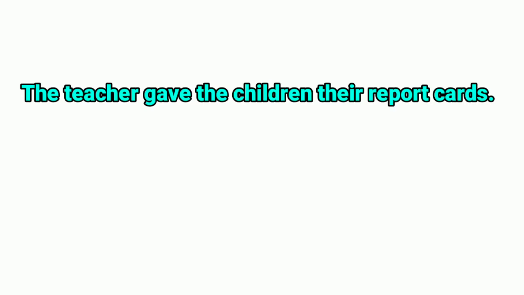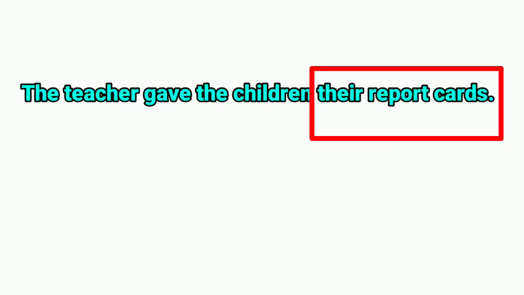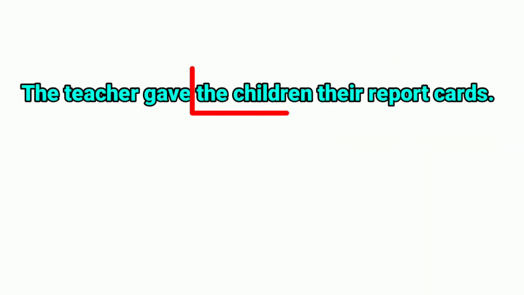Here the subject is the teacher and the action done is gave. The teacher gave. Gave what? Their report cards. So report cards is the direct object. Given to whom? The children.